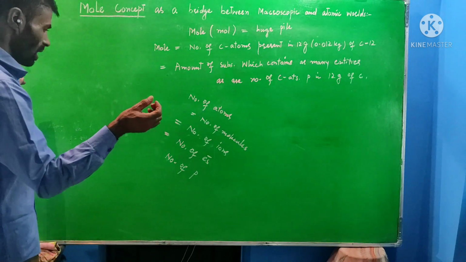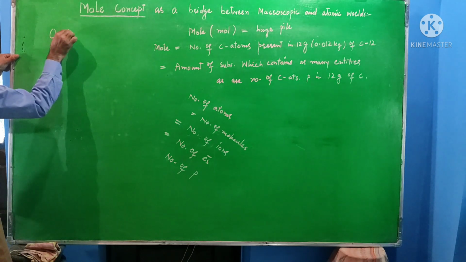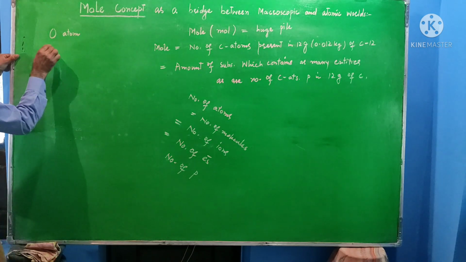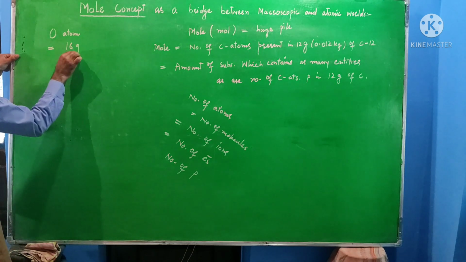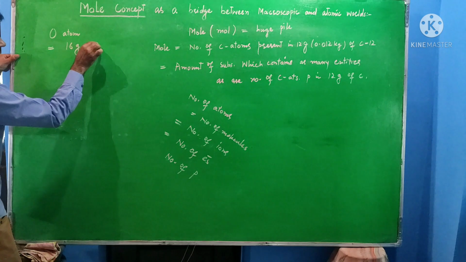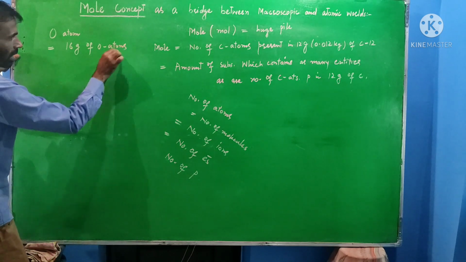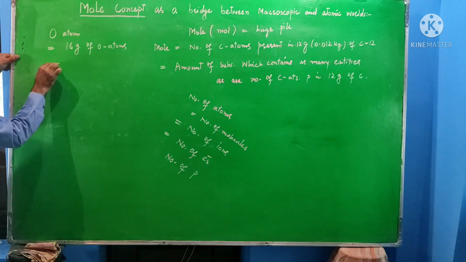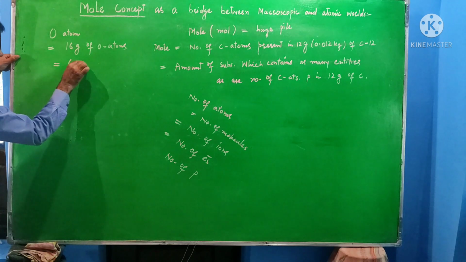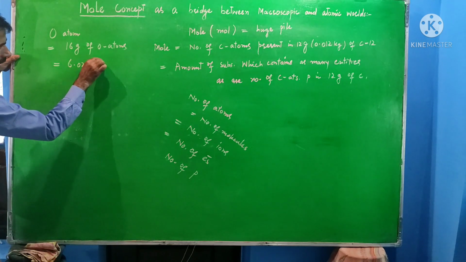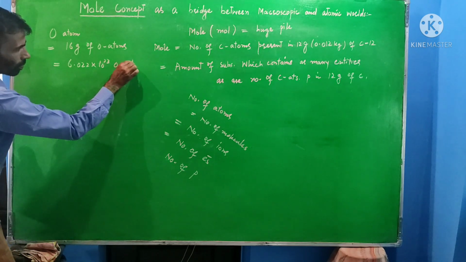Now, taking these examples, I will take the oxygen atom. If we have a sample of 16 gram of oxygen atoms, then within 16 gram there are 6.022 into 10 raised to the power 23 oxygen atoms.